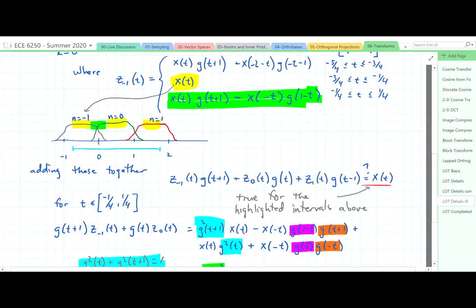Is that equal to x of t for this region right here, between minus 3/4 and plus 1 3/4? That's the big question.